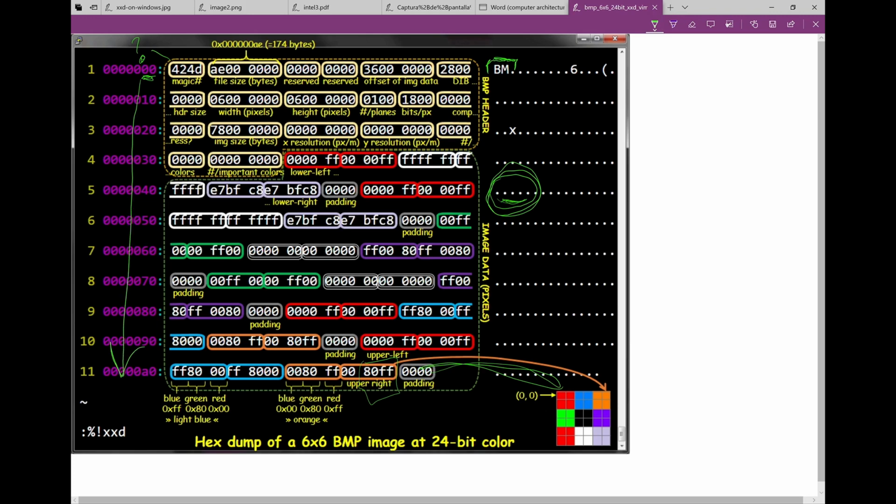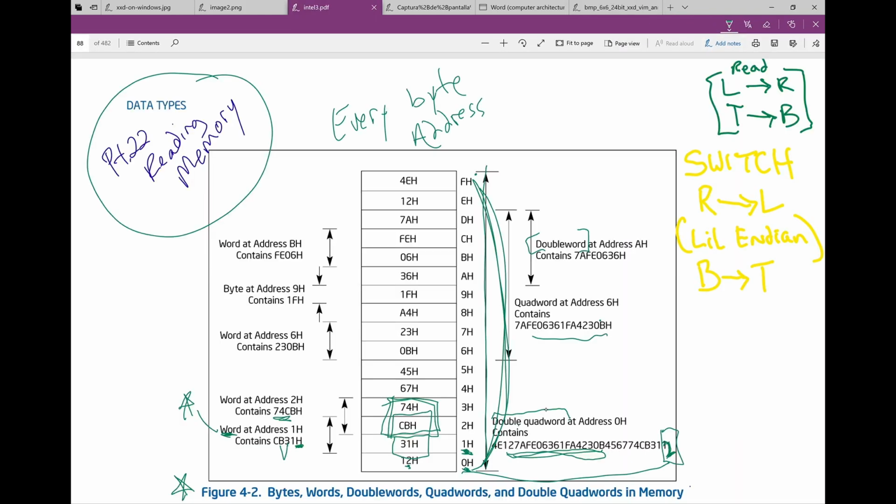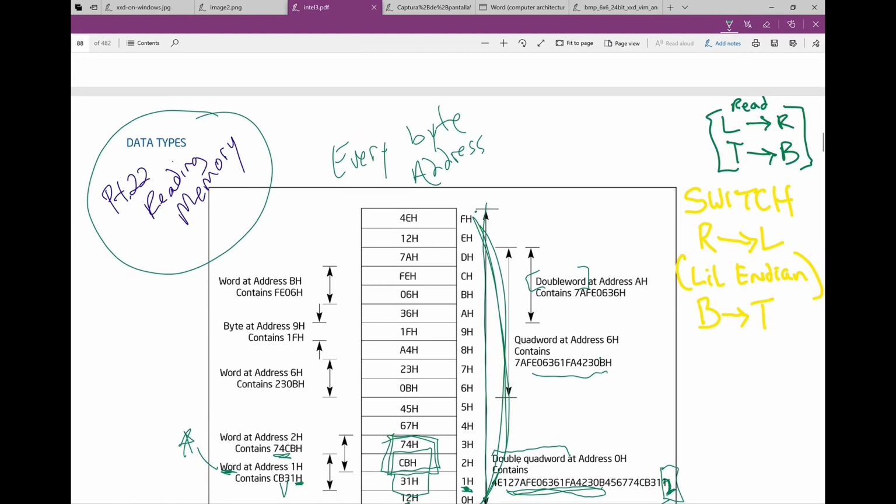So if we were to actually be able to see what this picture is, we can't because of this whole ASCII thing here. But if we found a program that could show us the picture alongside the bytes, we might be looking at a mirror image of it if the computer was not doing that little switch I told you about before. So let's finish the video by going back to the Intel manual. And just remember the concept of this switching idea.